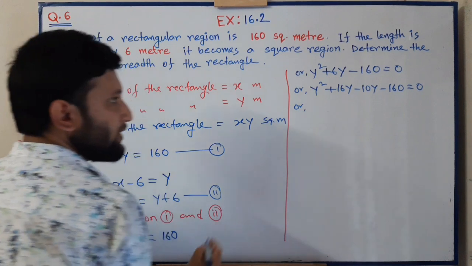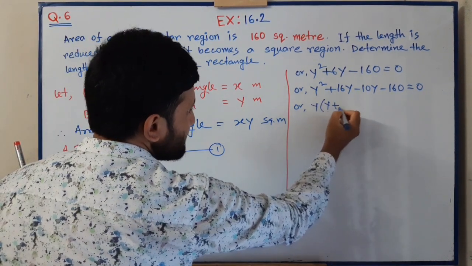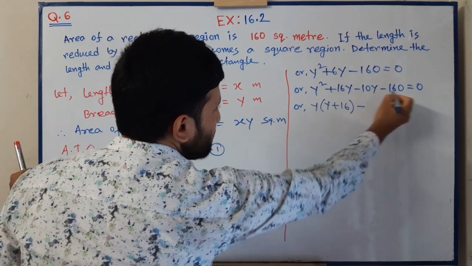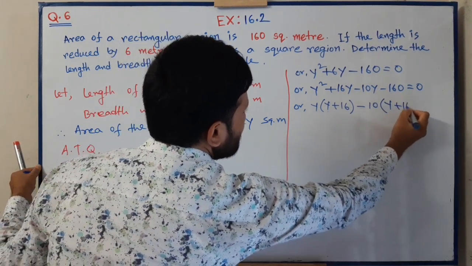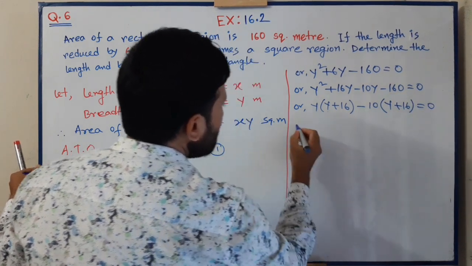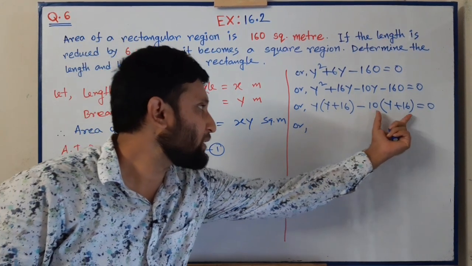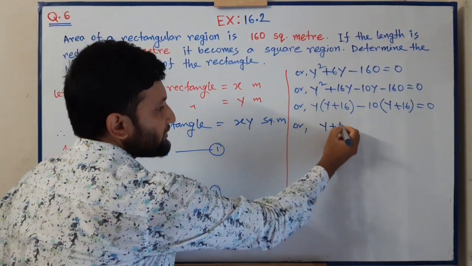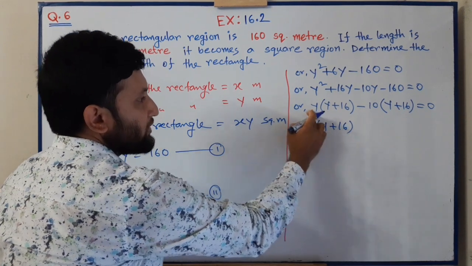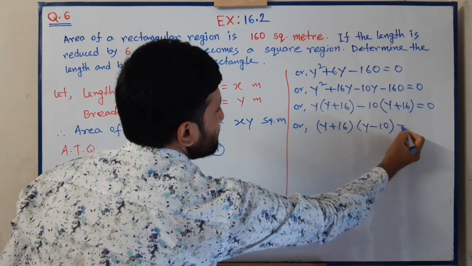In first two terms we can take common y, so y into y plus 16, and from second two terms we can take minus 10, that means minus 10 into y plus 16 equal to 0. So here see that the common factor is y plus 16. Write down the common factor y plus 16 and then the rest part y minus 10 equal to 0.